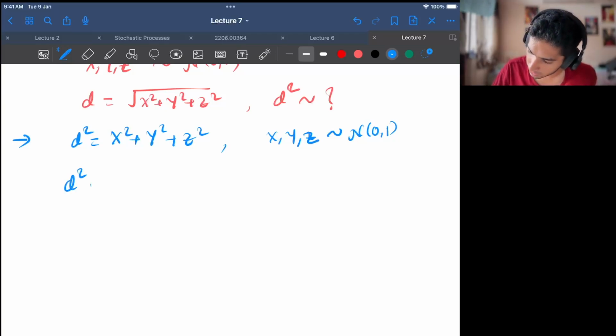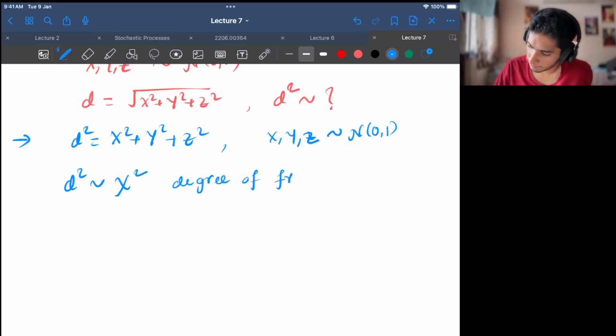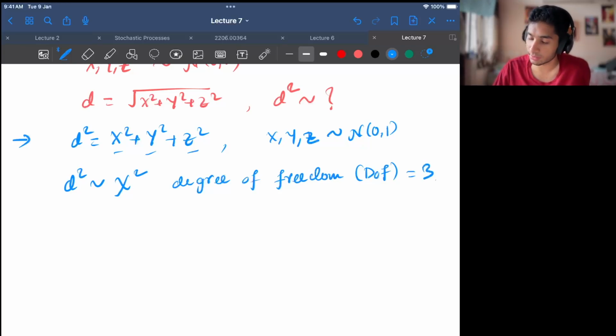So d square will be distributed according to a chi-square distribution with some degrees of freedom. The degrees of freedom will be equal to the number of random variables. Here it was 3, so it will be 3. Again, just a definition question, but something to remember.